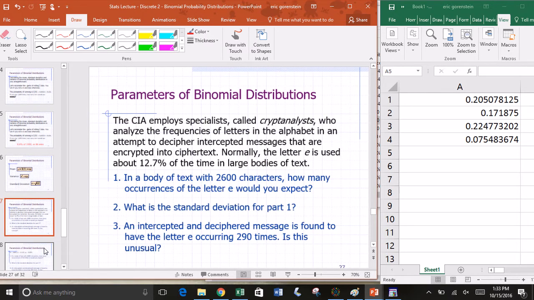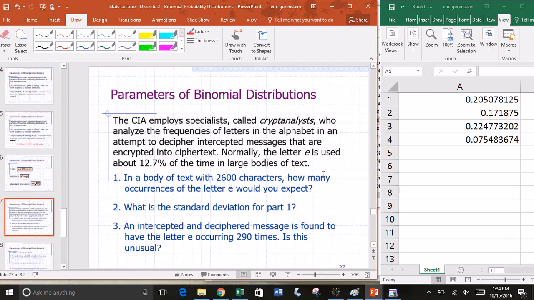So one example here, let's say in a body of text with 2,600 characters, how many occurrences of the letter E would you expect? Okay, so in the problem, normally the letter E is used about 12.7% of the time. So this is a binomial experiment because we have a constant probability of success, 12.7%.